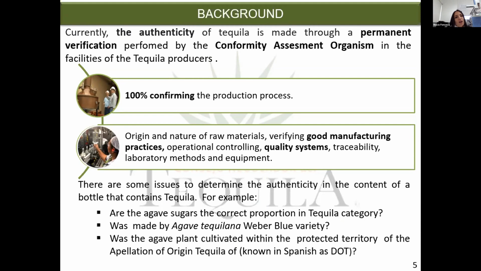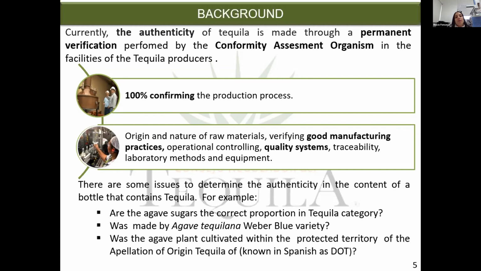The CRT confirms 100% of the production process. We review the origin and nature of raw materials, verify the good manufacturing practices, the operational controlling, quality systems, traceability, etc.